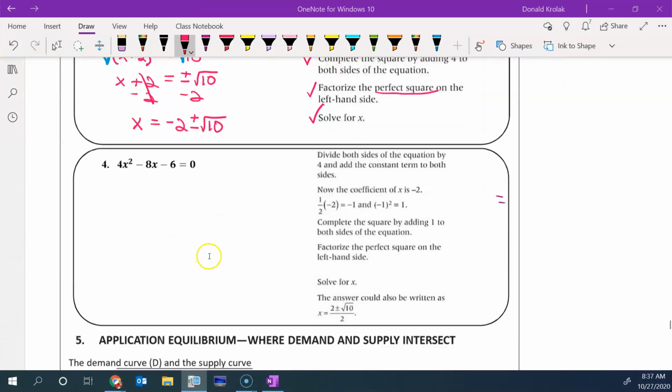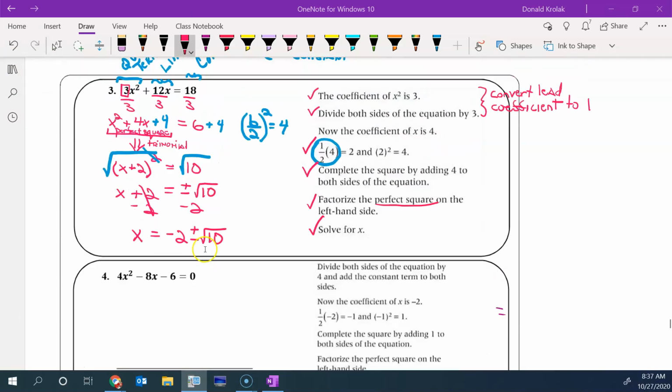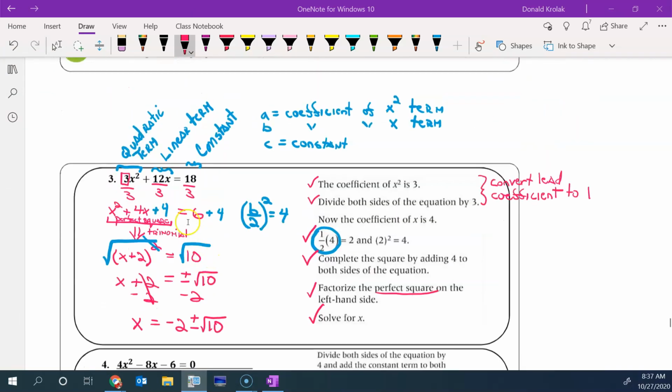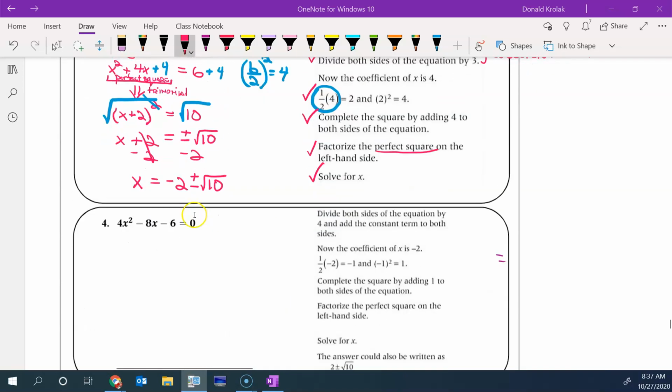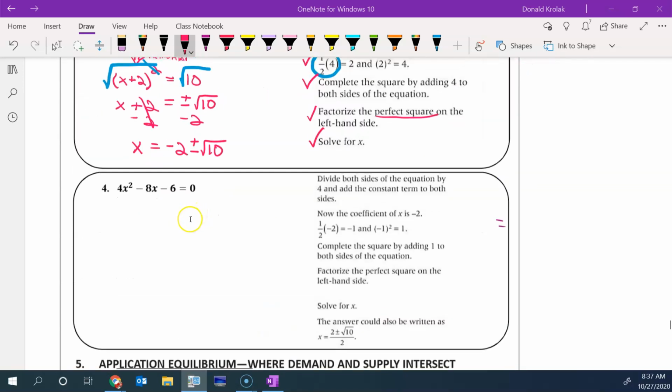Okay, so the last one is really no different, except that the way you simplify the answers is a little different. That's all. Everything else is the same. So whether you add the constant before you divide by 4 or after, it doesn't matter.